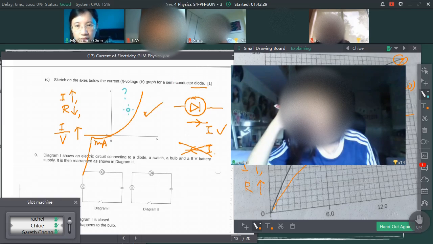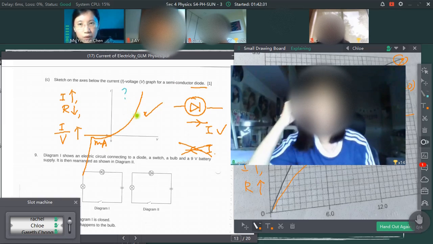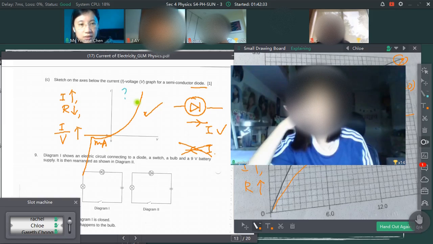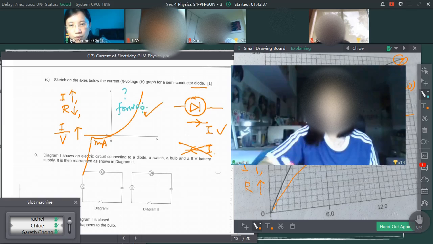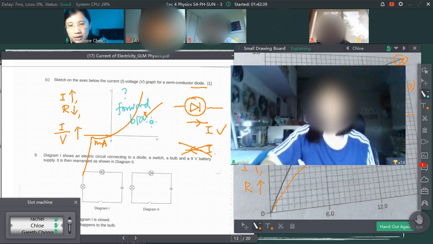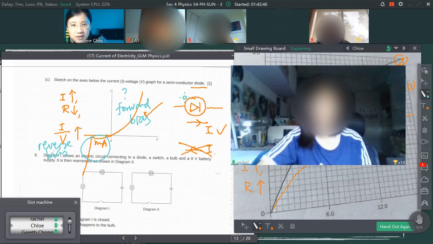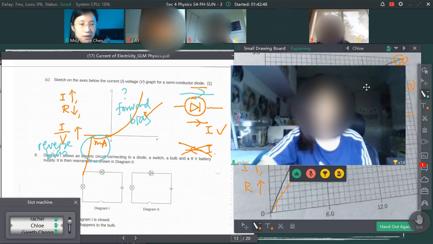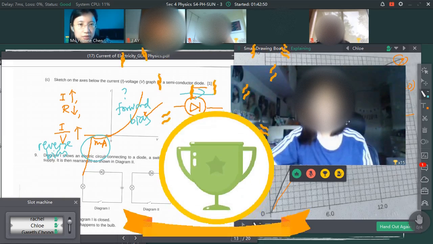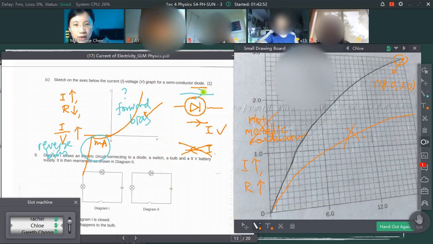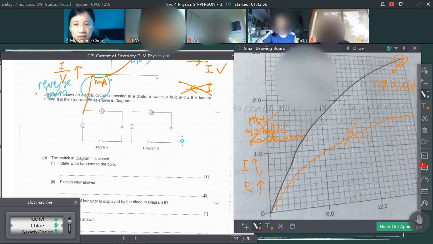Is this region called forward bias or reverse bias? Forward. Yes, this part is called forward bias. Then here is called reverse bias. Forward bias is like the current flowing in the normal way. Thank you, Rachel. If it's the other way, then it's reverse bias.